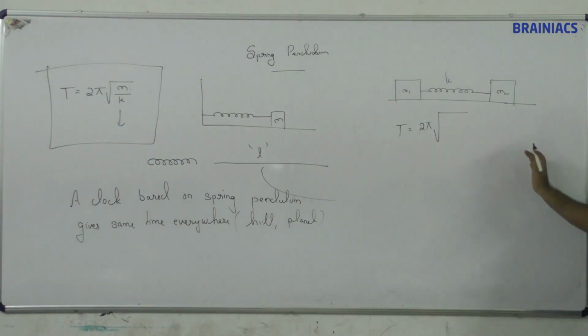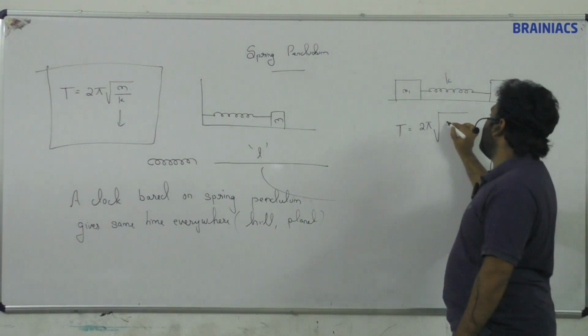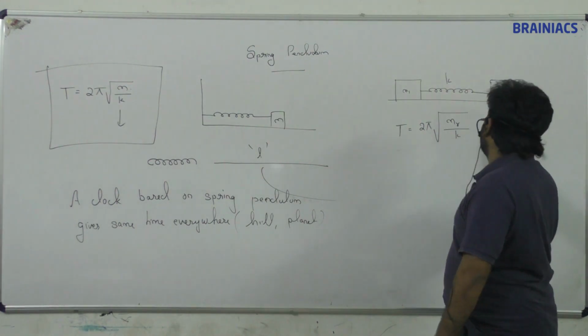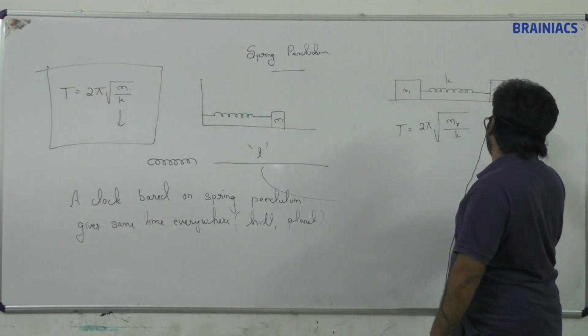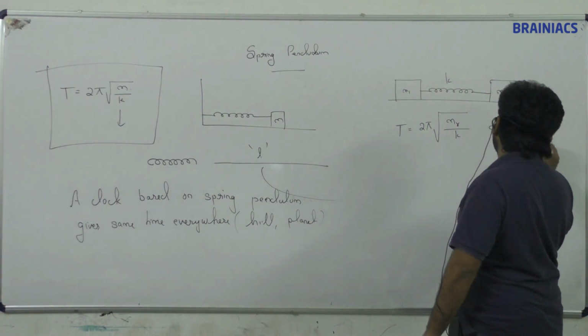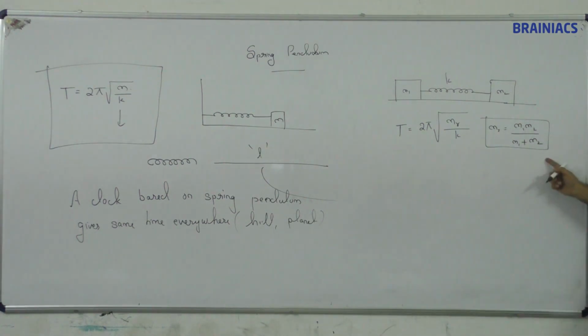Mass of the combination is not m1 plus m2, this is going to be the reduced mass, m by k. So this reduced mass is nothing but m1 m2 divided by m1 plus m2. I am not going into the derivation of all this, but remember this and apply. Okay, clear?